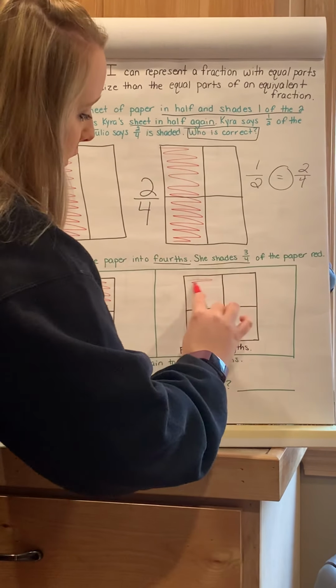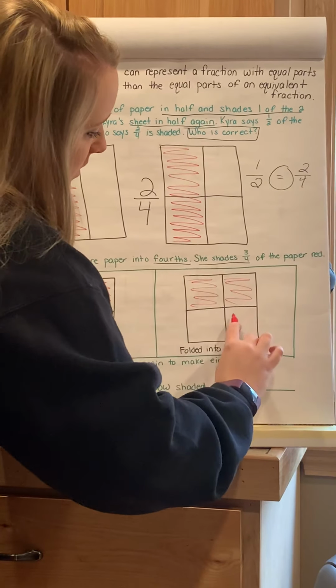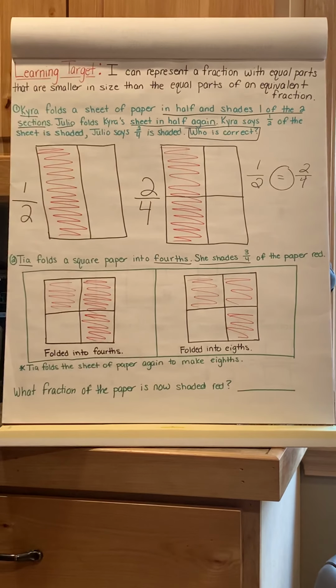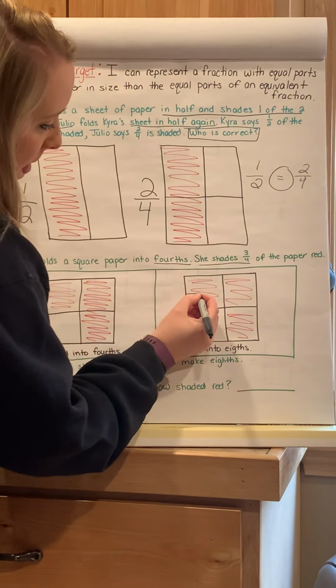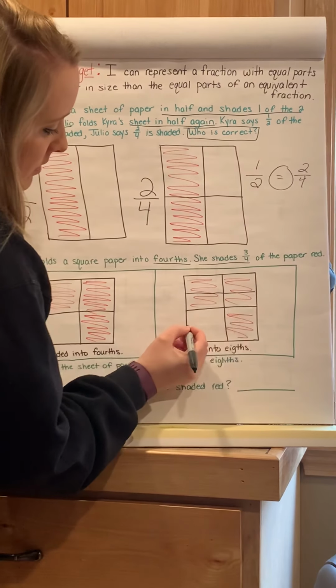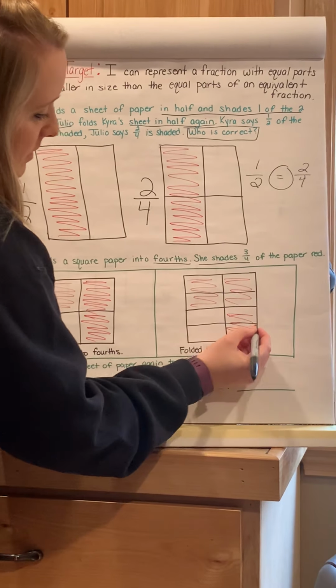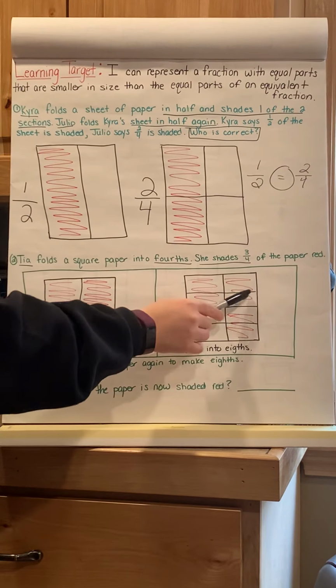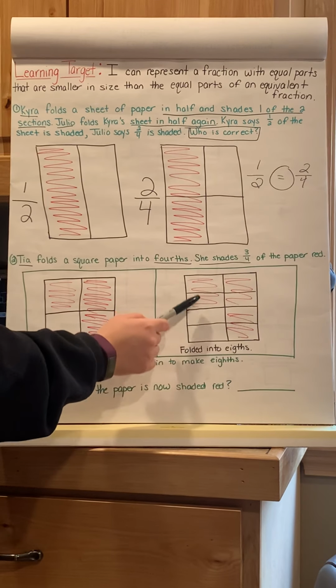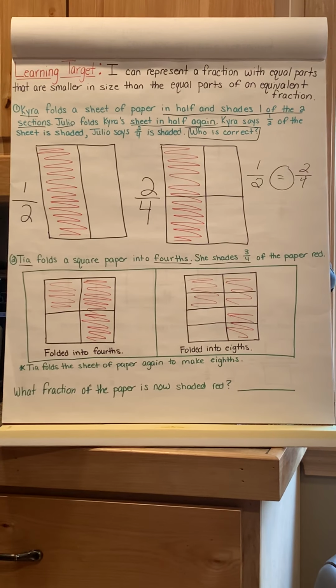Again, she had the 3/4 shaded, but then she decided to fold her paper again to make it into eighths. So now I have 1, 2, 3, 4, 5, 6, 7, 8. That sheet of paper is now split into eighths. So here's our fourths, here's our eighths.